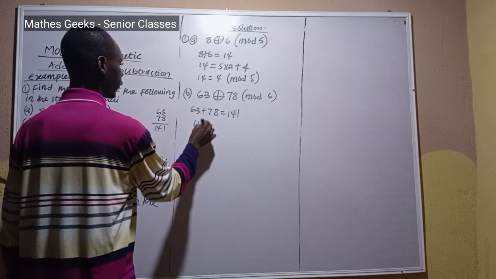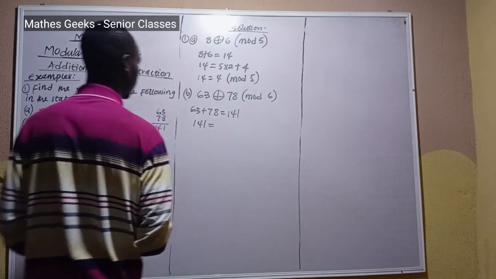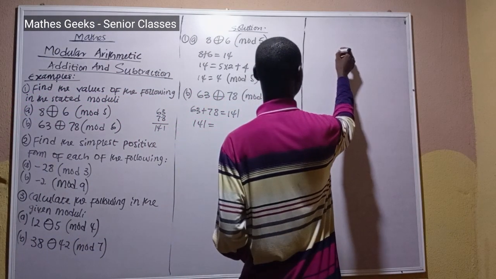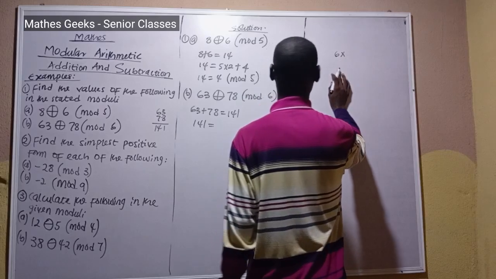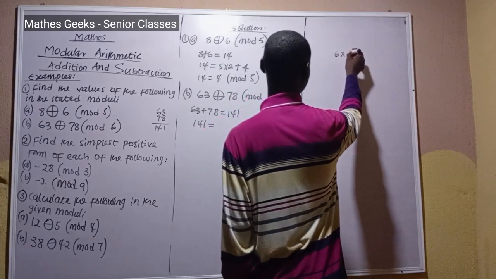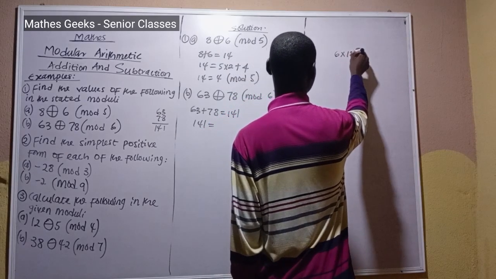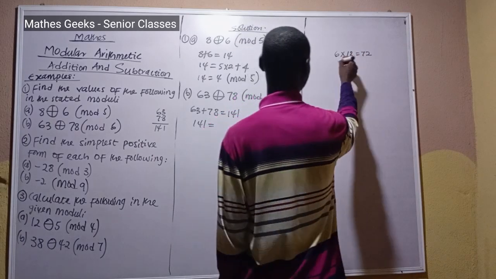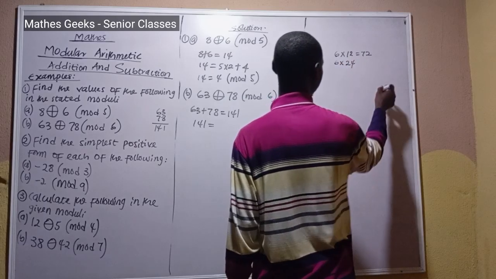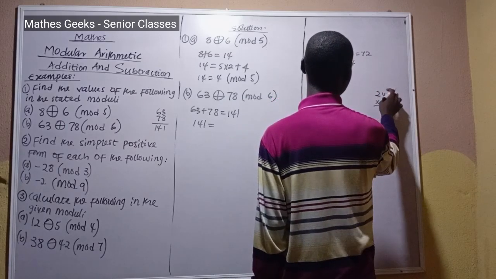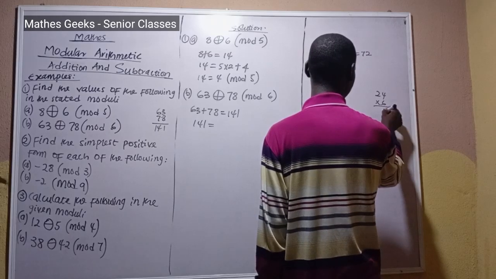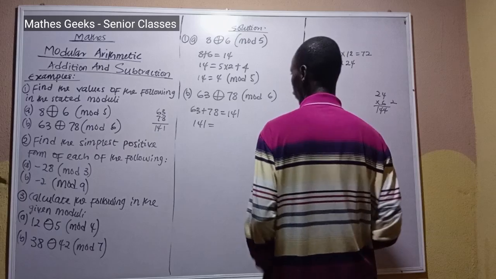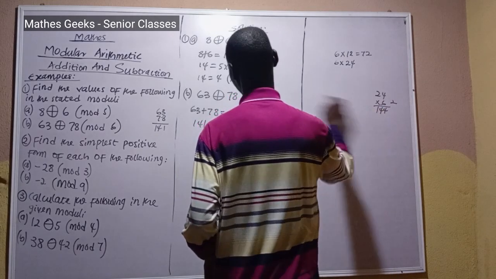The multiple of 6 that is closest to 141: 6 times 12 is 72. We're looking at 141, so let me try 6 times 24, which is 144. 144 is higher than 141.